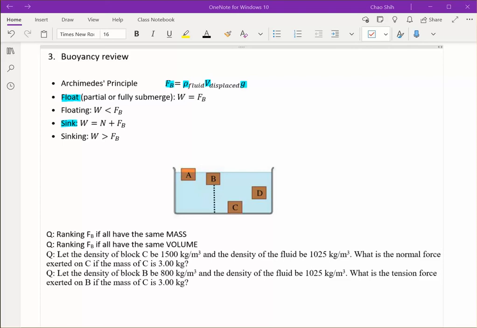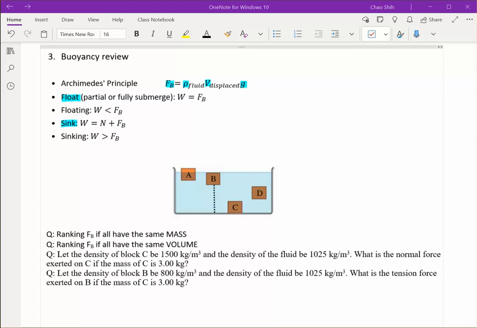When we ask you to draw the free body diagram, there are always two forces if you have an object in the fluid. These two forces are the weight and the buoyancy force. If you tie something, or connect something, or put something touching the object, then you will have some other kind of force acting on the object.